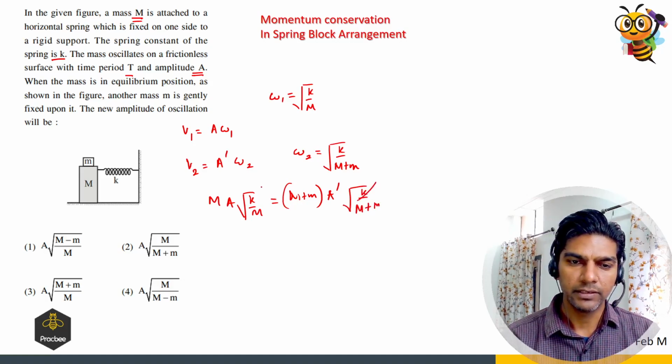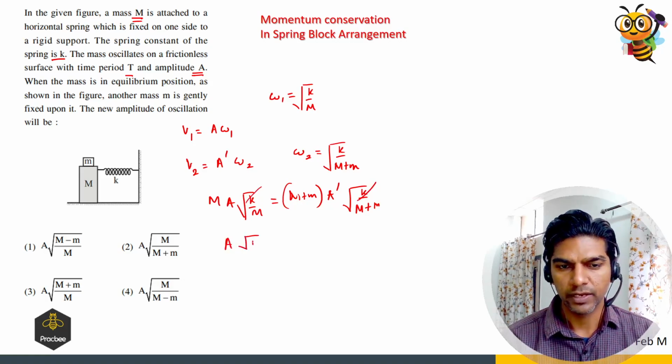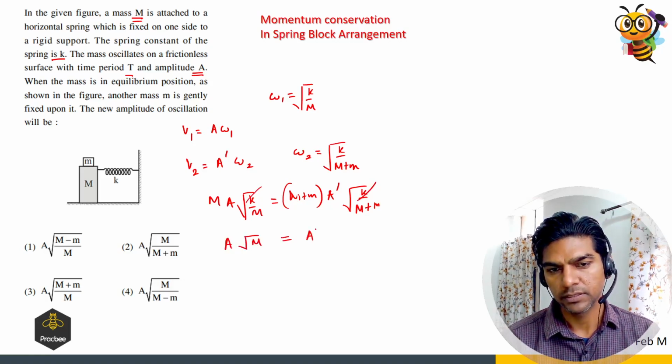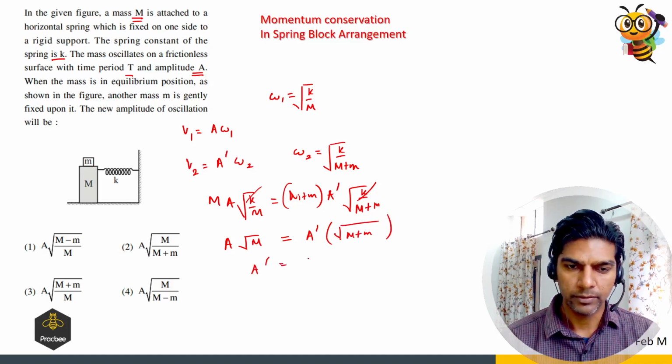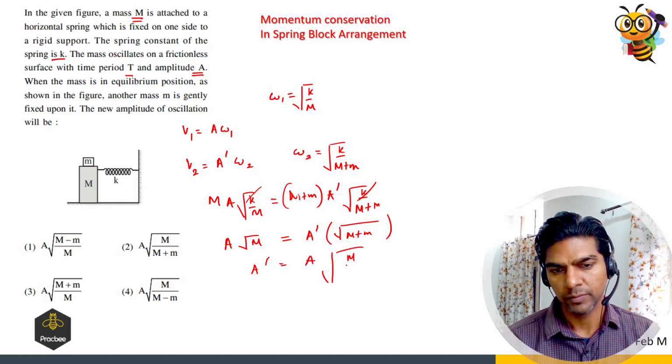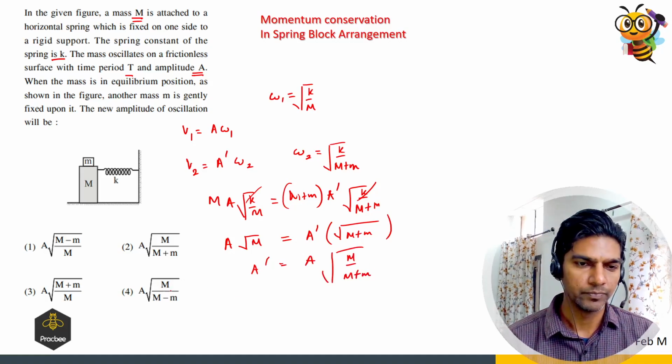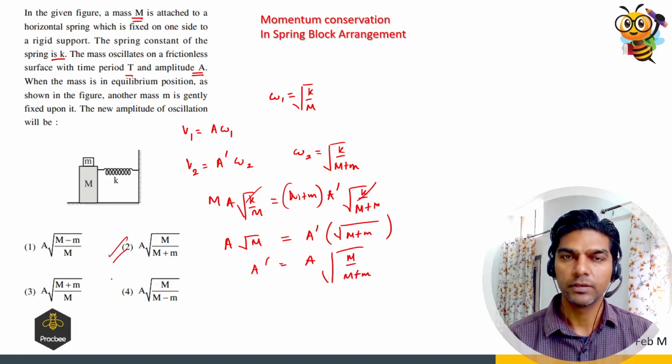Now root k will get cancelled out, and this can be written as a times root of capital M equals a prime times root of M plus small m. So a prime comes out to be a times root of M upon M plus small m. If you look at the options, option 2 is the right answer.